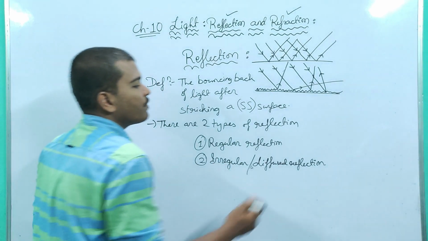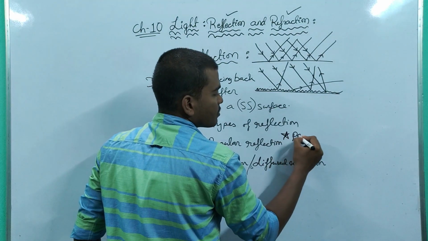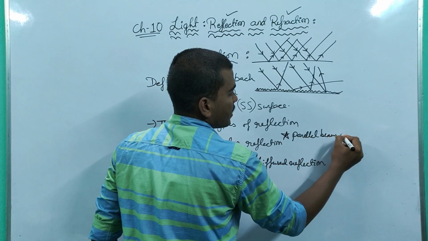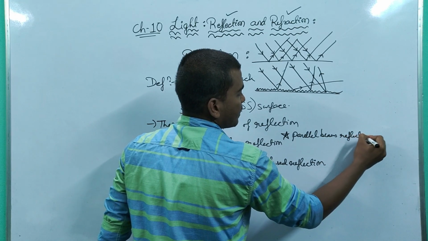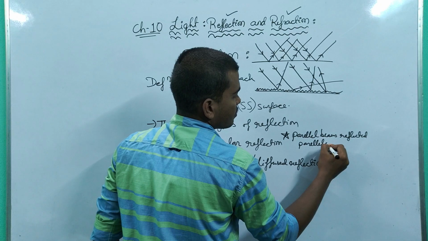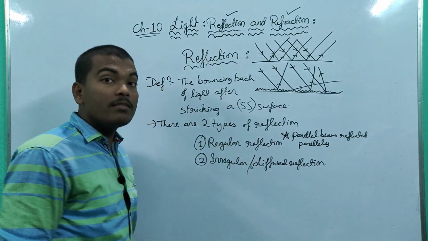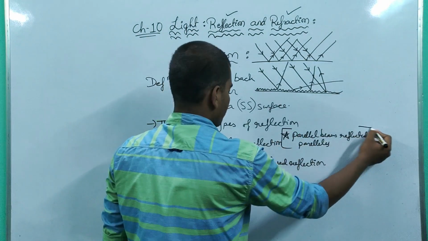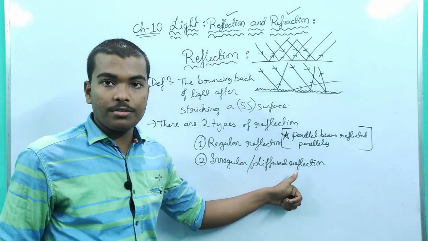Please make a quick note over here. Parallel beams reflected parallelly. You can also write: parallel beams of incident light reflected parallelly, and this is what the definition of regular reflection stands like, right?